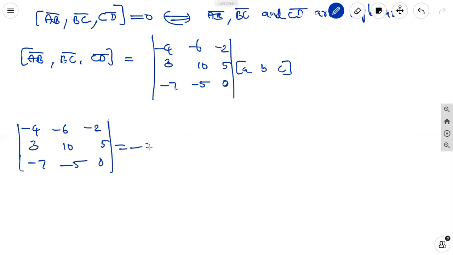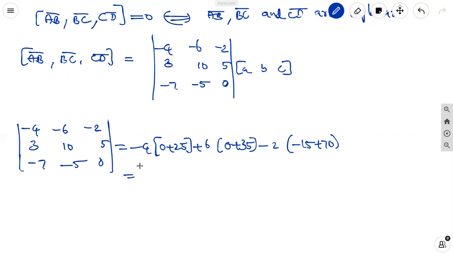It is equal to minus 4 into (0 plus 25) plus 6 into (0 plus 35) minus 2 into (minus 15 plus 70).